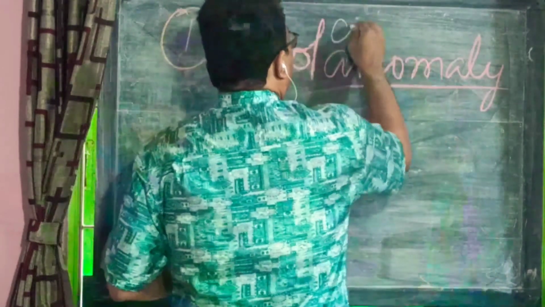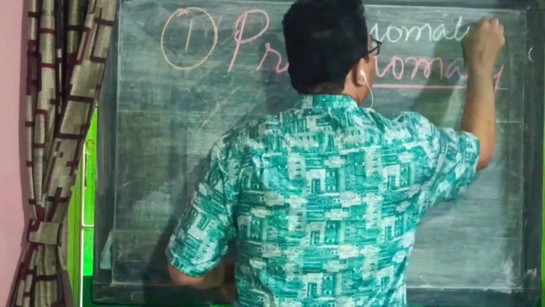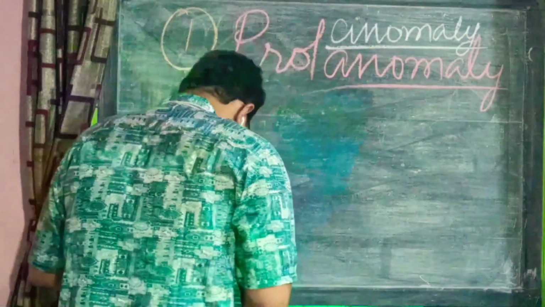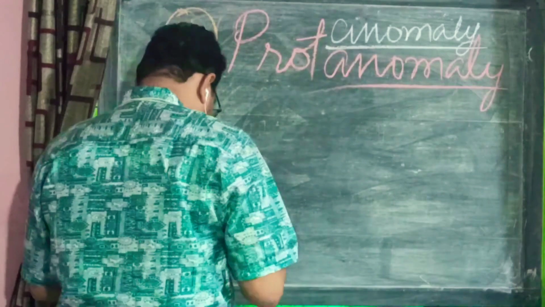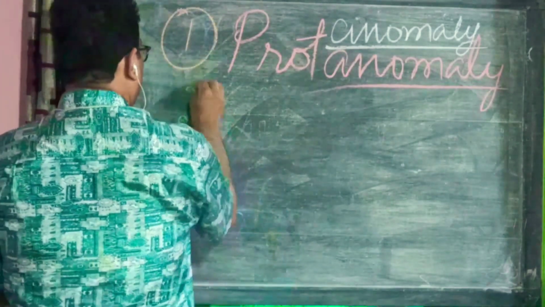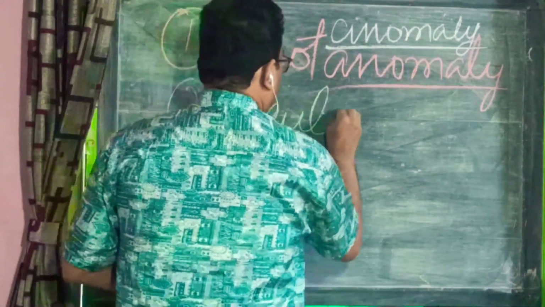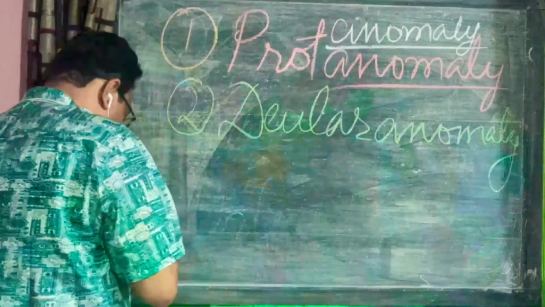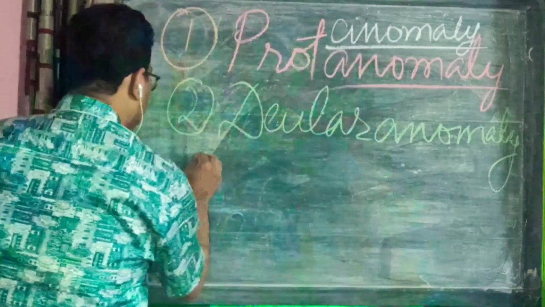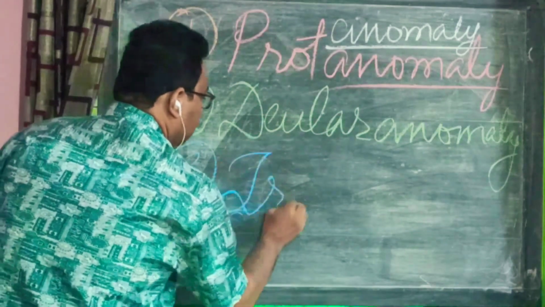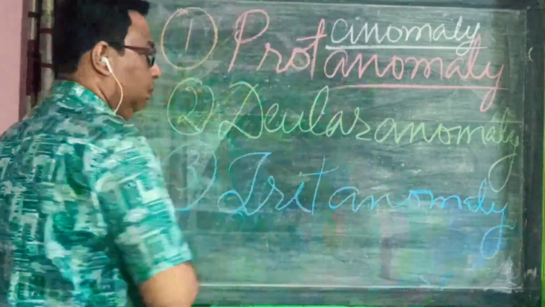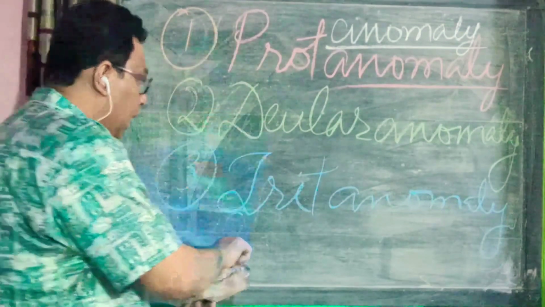Protanomaly. And deuteranomaly. And the third variety is tritanomaly. So protanomaly, deuteranomaly, and tritanomaly.